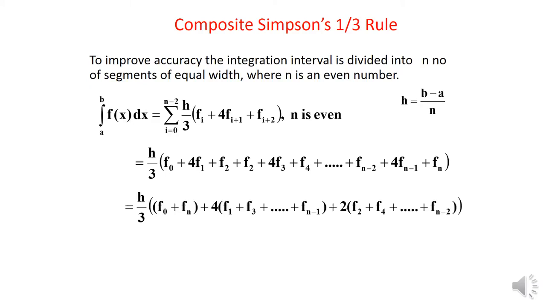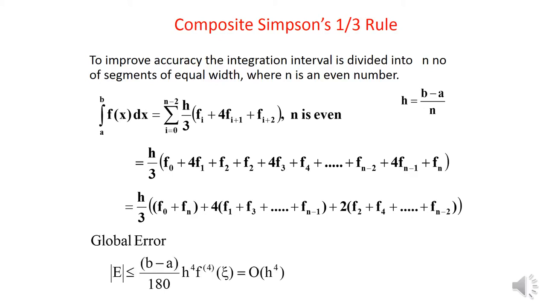So we have collected the first and last term f0 plus fn, then odd terms, and each odd term is multiplied by 4, so 4 common, f1 plus f3 plus up to f(n minus 1), then even terms, twice of even terms, so first term plus last term plus 4 of odd terms plus twice of even terms. h by 3 is outside.